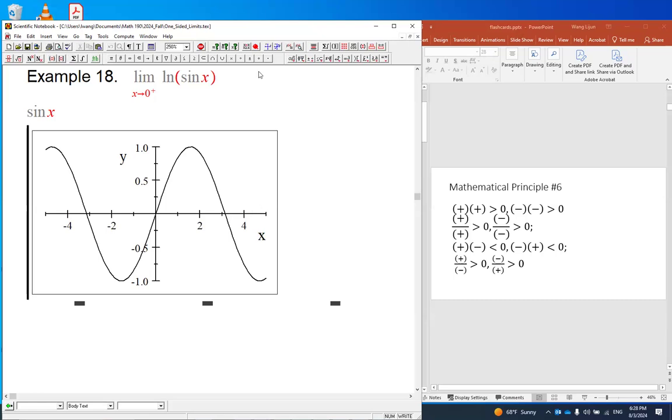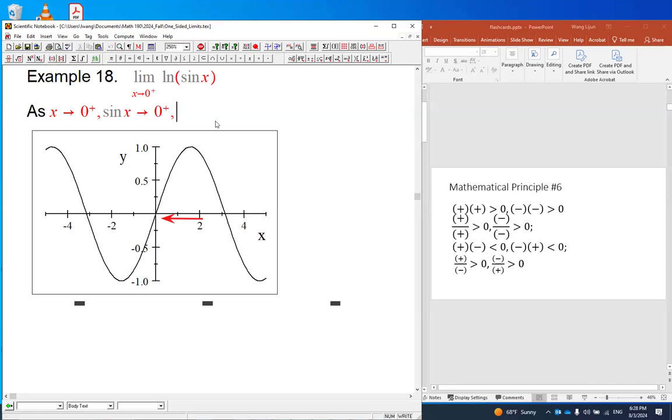When x is approaching 0 from larger, sine is approaching 0. It's also positive, this piece, so it's going to be approaching 0 from larger than 0.